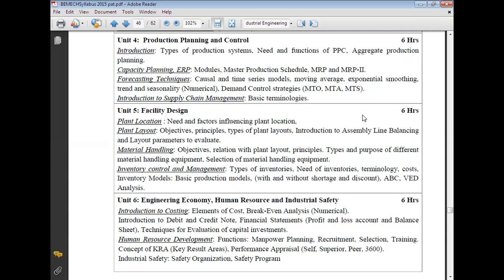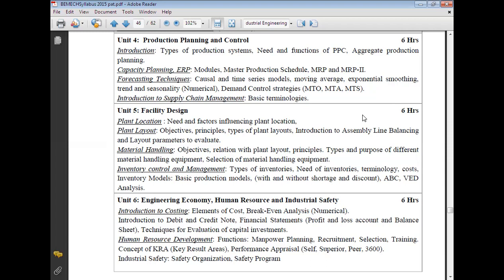Human resource development we will be seeing. Different functions, manpower planning, recruitment, its selection, training that we will be observing. Concepts of KRA, key result areas that we will be discussing.